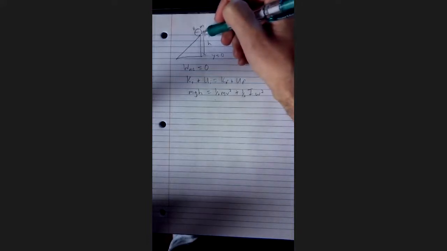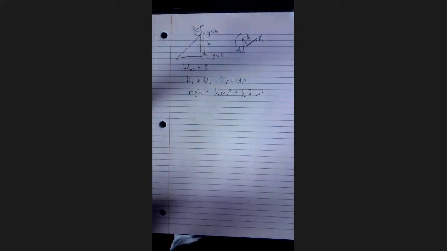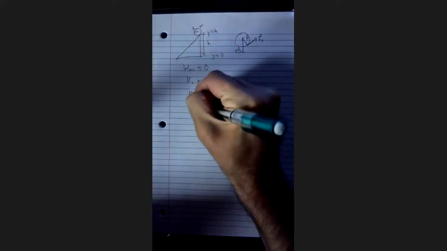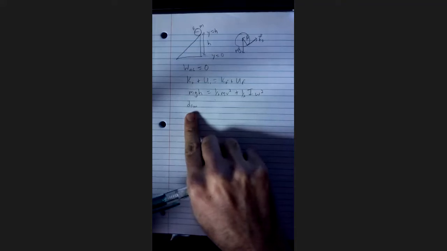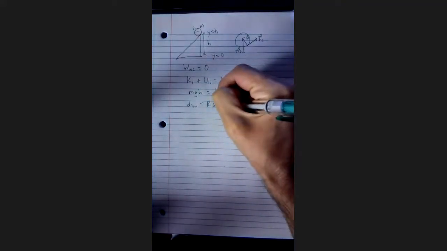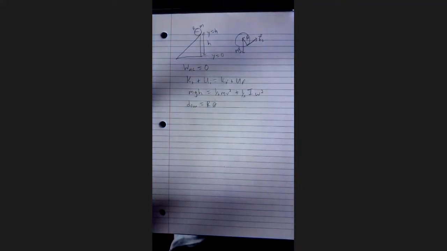Now, because our object is rolling without slipping, that means a point on the outside has gone the same distance in the same amount of time as the center of mass. So the distance our center of mass has traveled is the same distance that a point on the outside has traveled. And we know that is the radius of our object times the angular displacement. Okay.